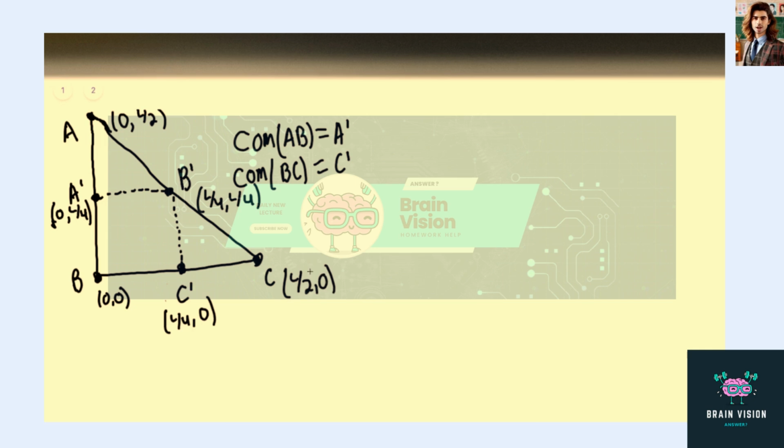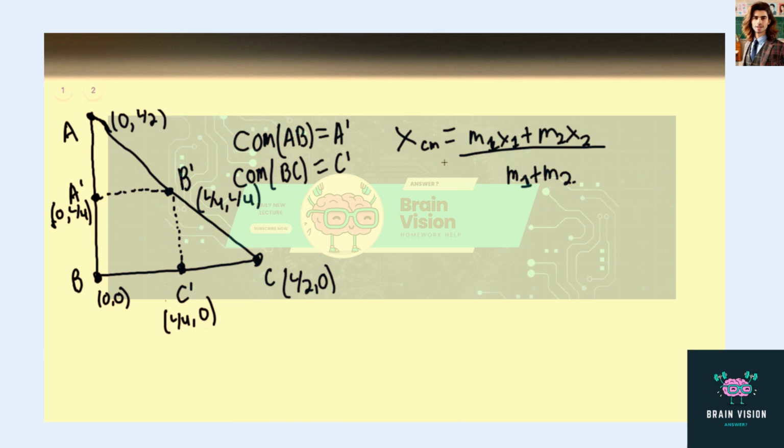So at this point, we have to find the center of mass. The center of mass for our x coordinate would simply be m1 x1 plus m2 x2 all over m1 plus m2.